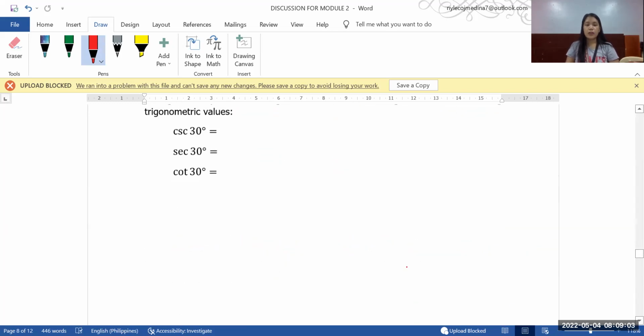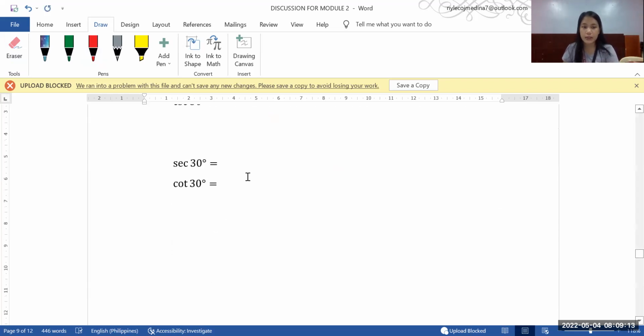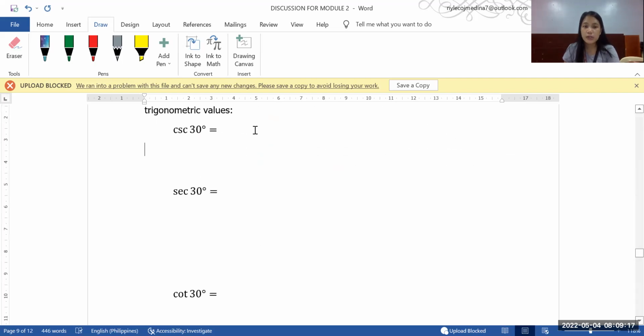Another one. What if what is given are the reciprocals? Reciprocals are just the inverses. Cosecant is the reciprocal of sine, so 1 over sine theta.